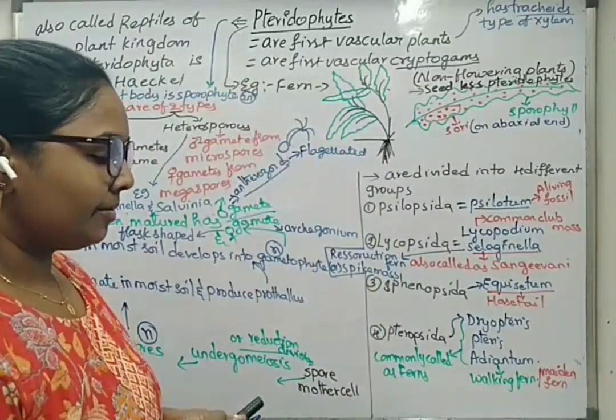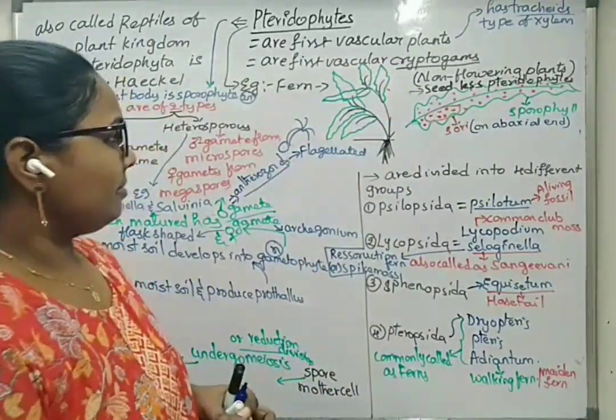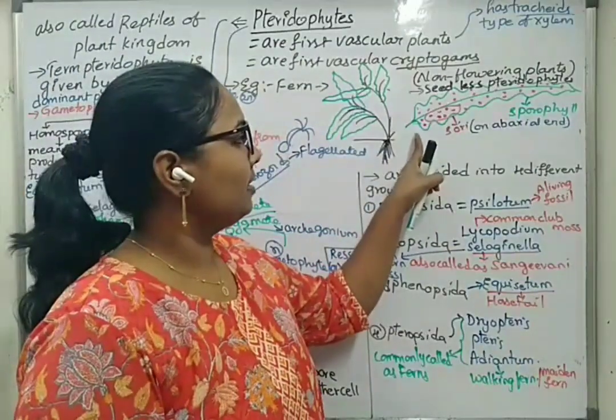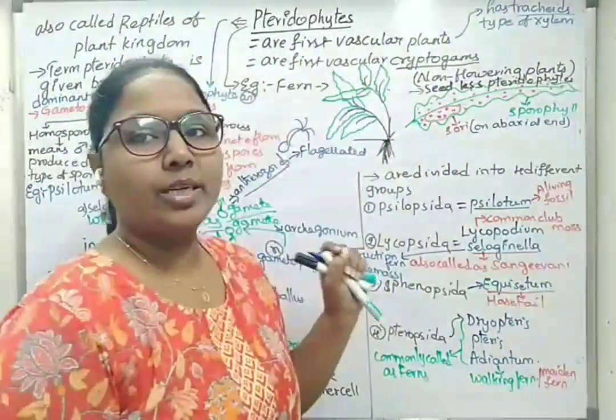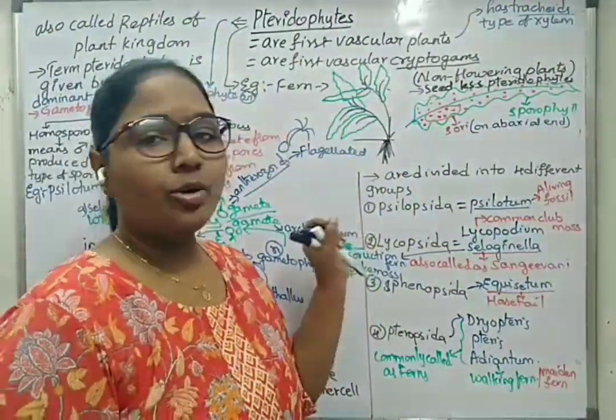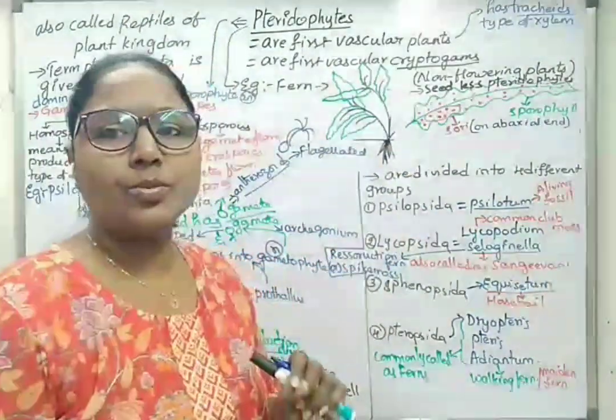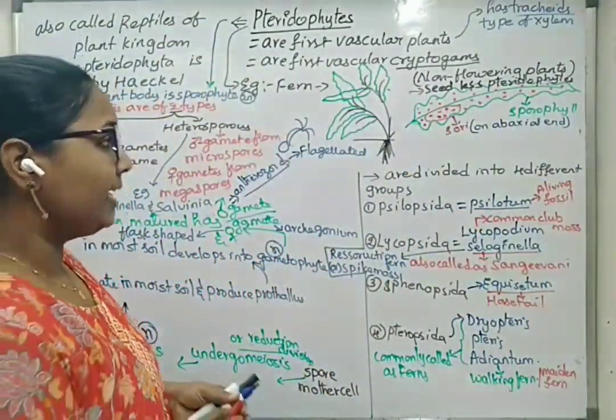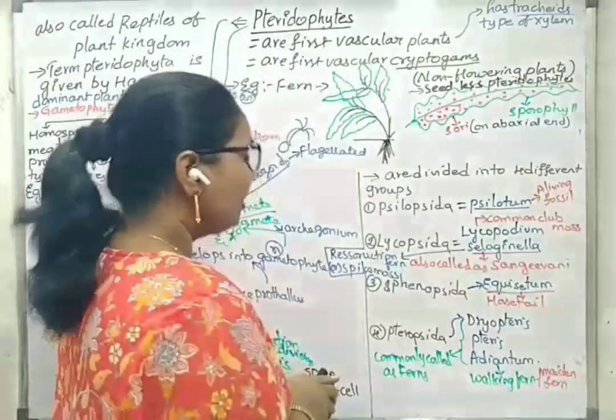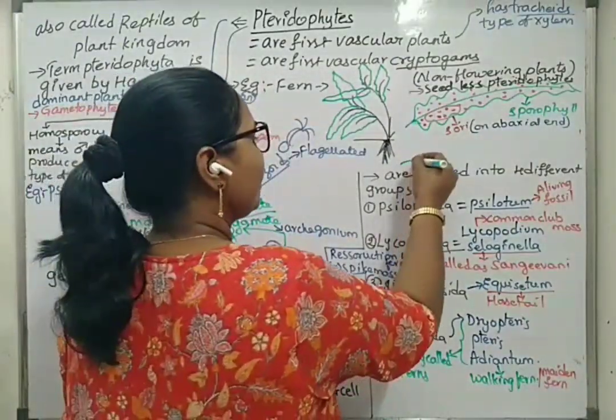Now, when the sporophyll, the leaf-like structure holding the reproductive structures, is adult or matured, we call it a sporophyll. But when it is young, the same sporophyll is coiled around itself like this.